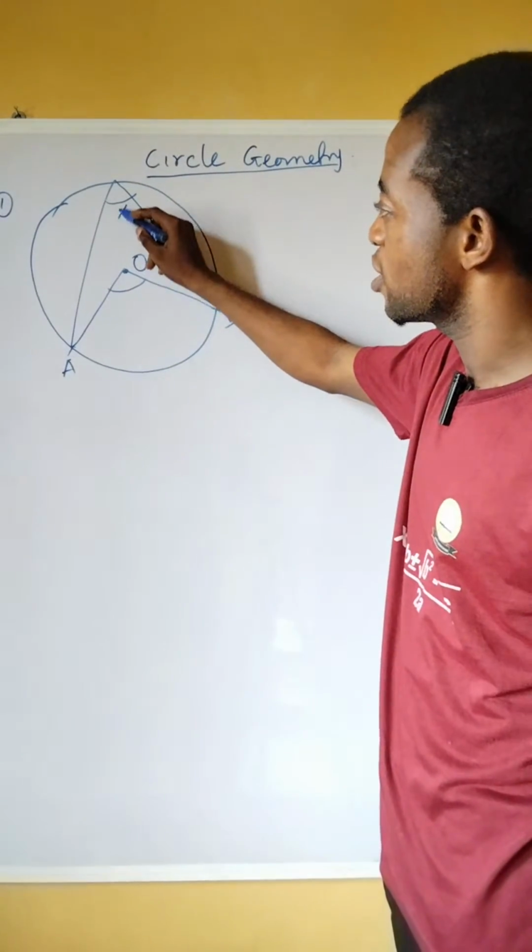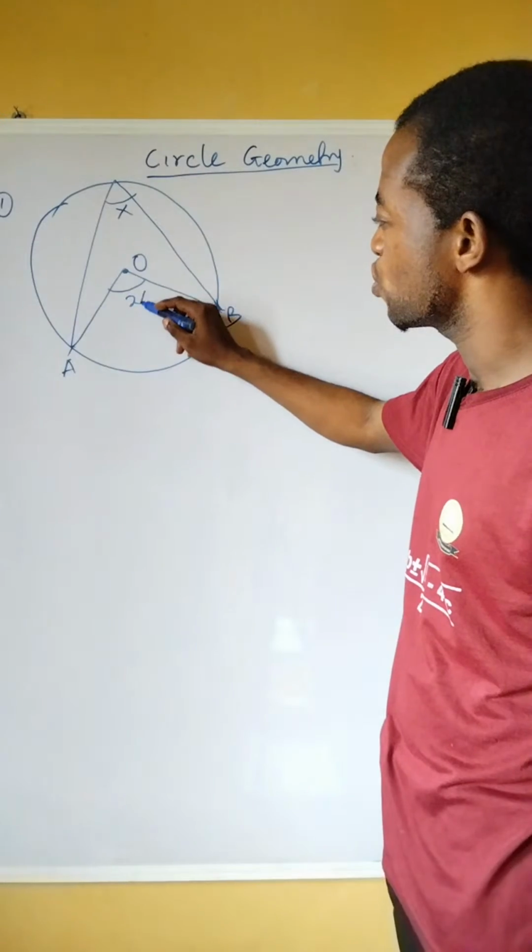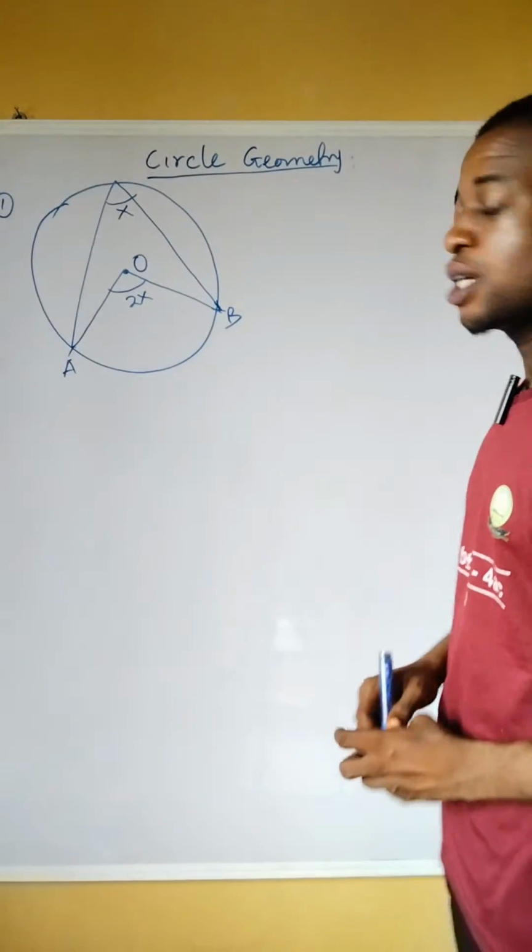So if the angle at the circumference is x, the angle at the center is 2x. So that's the first theorem.